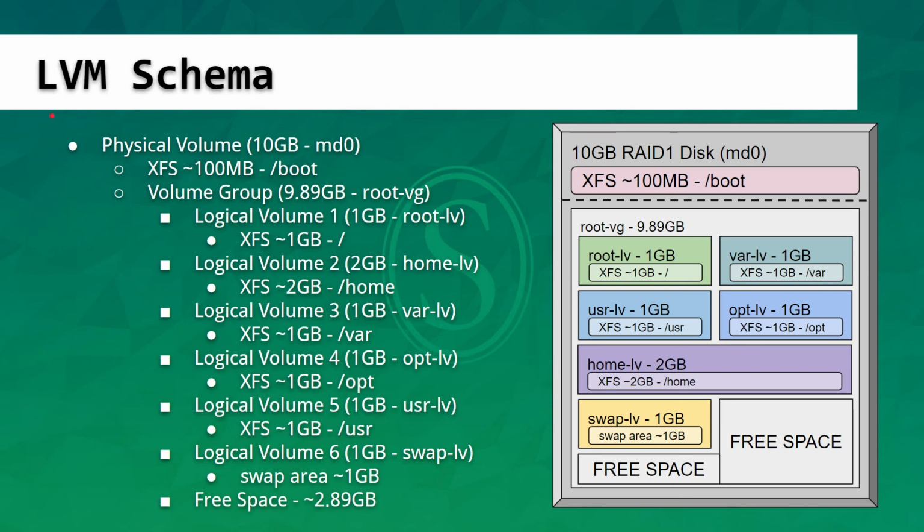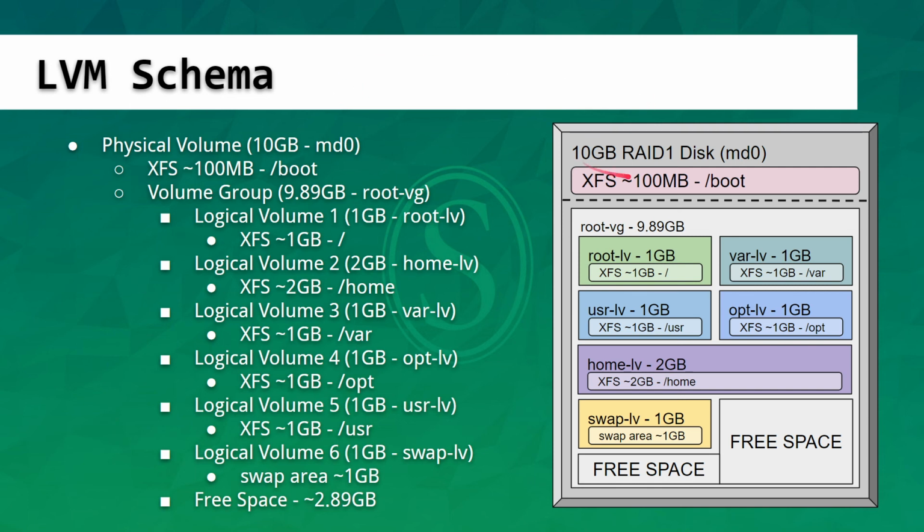So let's look at a little bit of a different schema. This is a good example, I think. So we have a physical volume. This is a 10 gigabyte multi-disk 0. So this could be a RAID 5. This could be a RAID 1. It's RAID. We know it's RAID because of the multi-device thing right here. It could even be a RAID 0, but probably not.